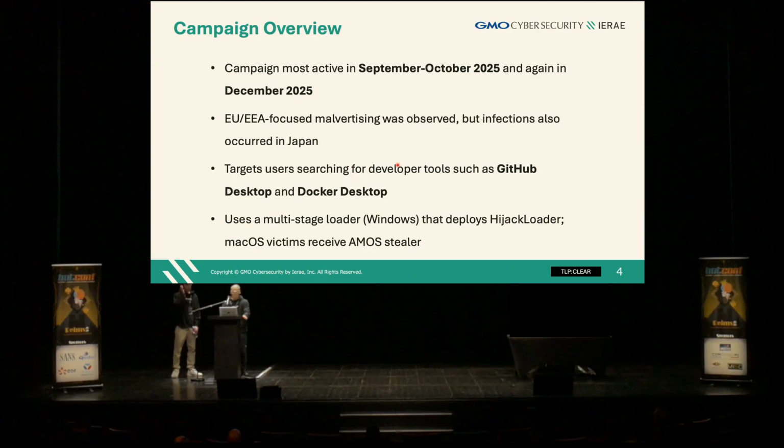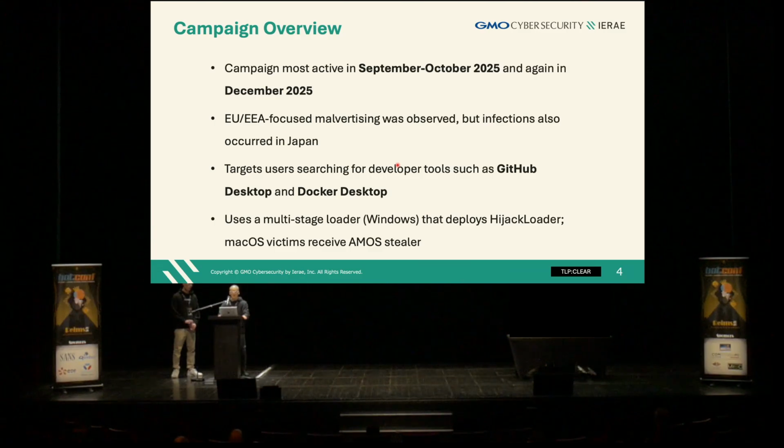Let me give you a quick overview of this campaign. The campaign was most active from September to October 2025, and then again in December 2025. The malvertising mainly targeted the EU, but we also saw infections in Japan. Who is the target?